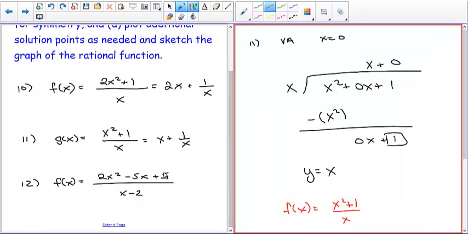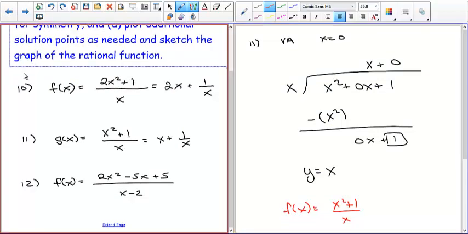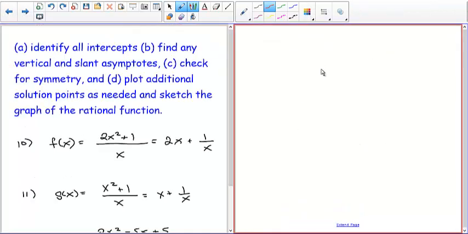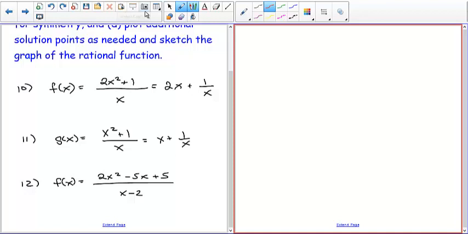Okay, now the last one is more difficult. It's also going to have some x-intercepts. So let's go slower on this one. So an x-intercept, that's where the numerator is 0, make sure I got that right this time. Okay, so set the numerator equal to 0.